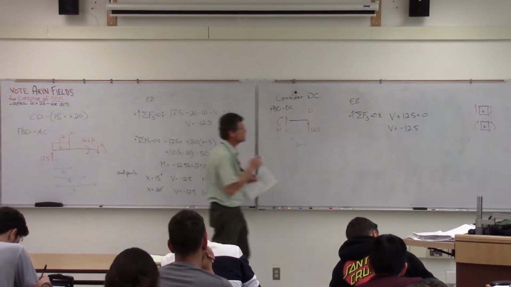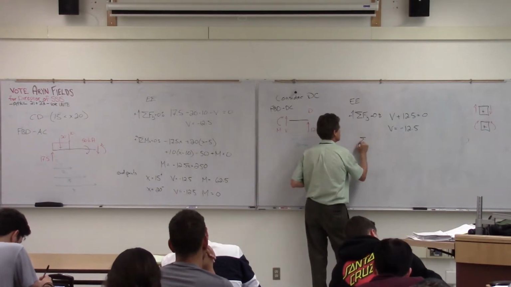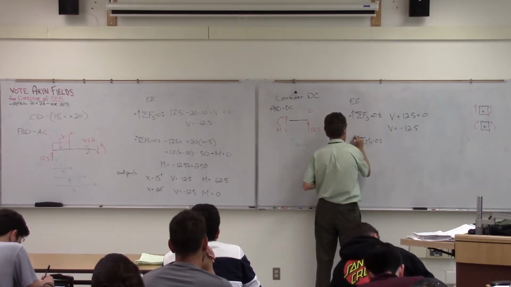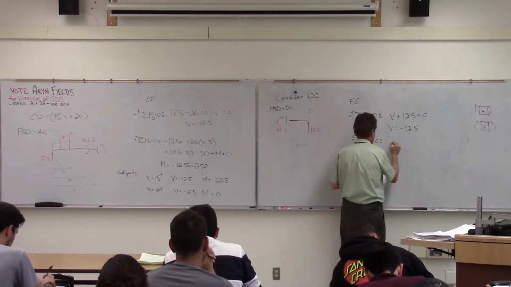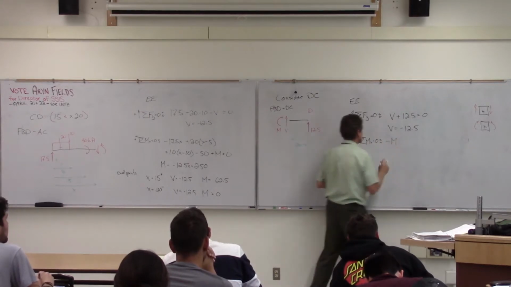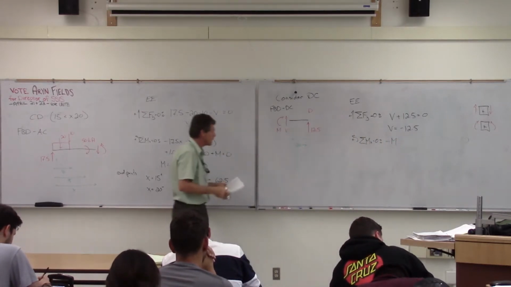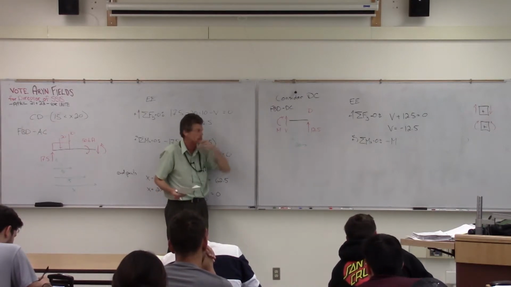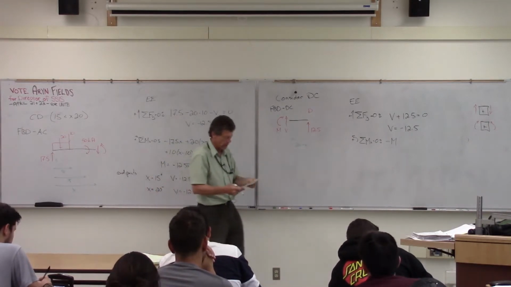And the moment one's going to be a little messier, but still doable. Now notice I've chosen my convention with the right-hand rule. The moment for positive convention there is going to be in the opposite sense there. So I show it as negative.